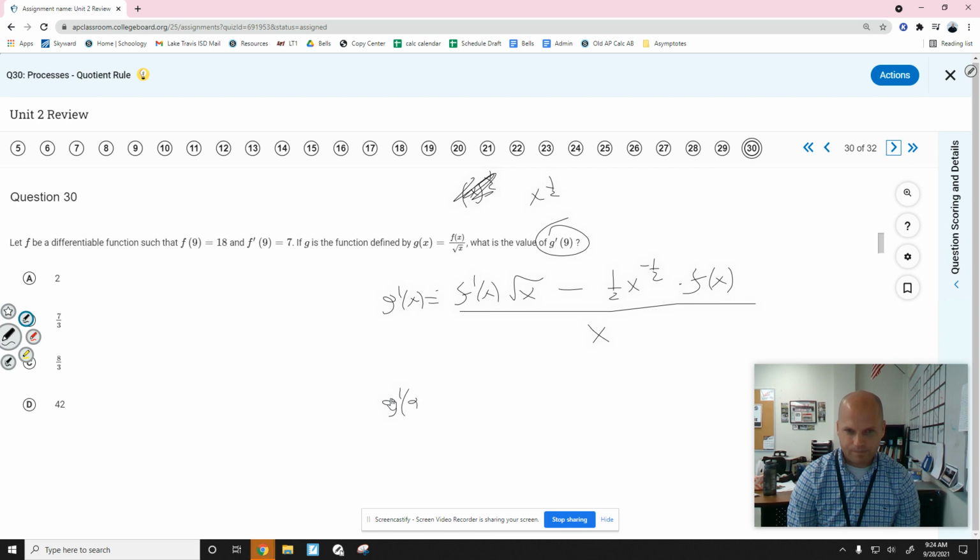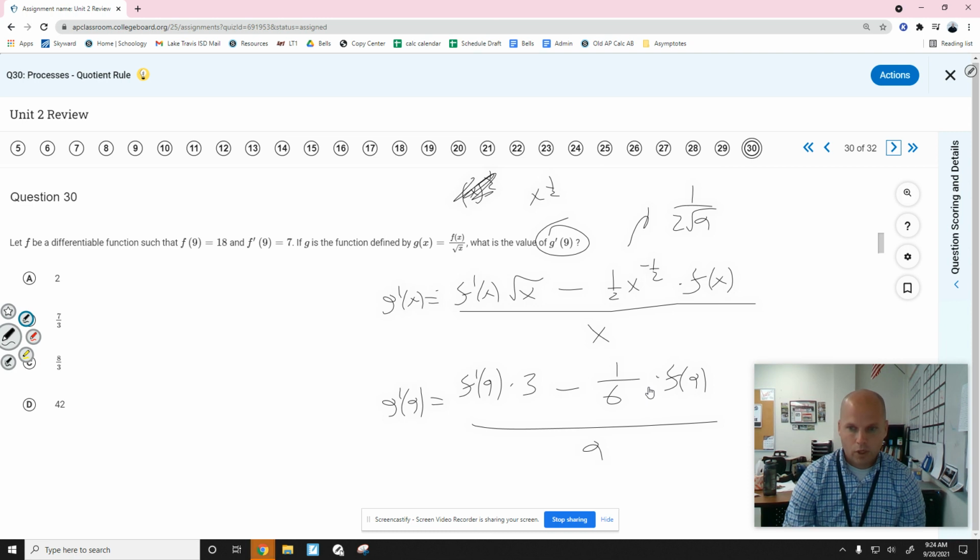Plugging in 9. F prime of 9 times square root of 9, 3. Just positive 3. This can be written as 1 over 2 root x, so minus 1 over 6 times F of 9 over 9. Great. All right.